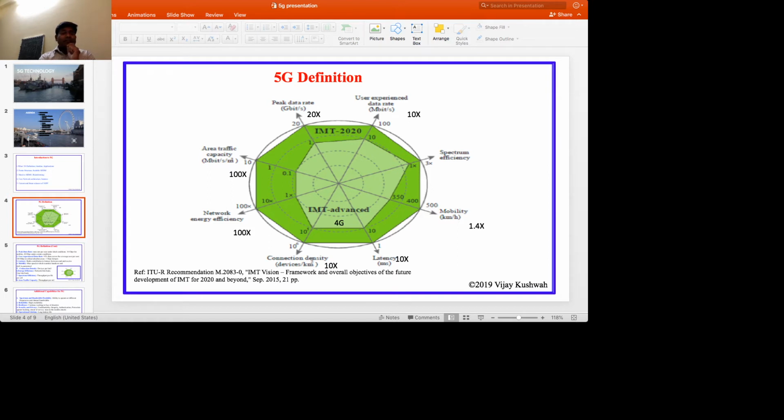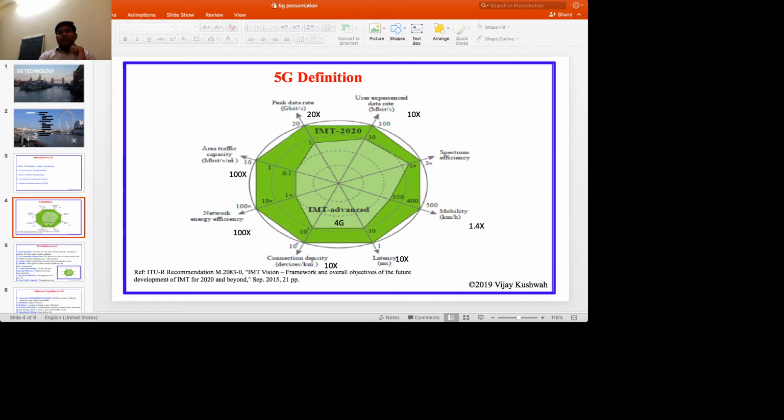The vision is 20 gigabits per second. In 4G it is 1 gigabit per second, so they want it to be 20 times faster. In 4G it is 1 gigabit per second, and for 5G it would be 20 gigabits per second.